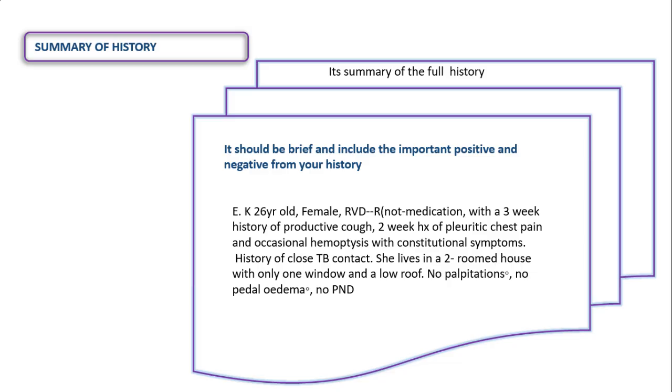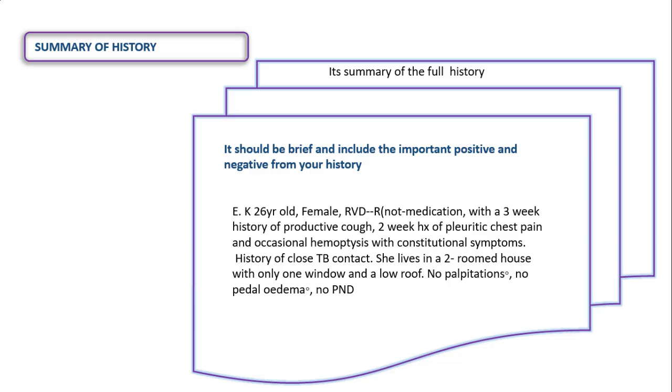Then you continue saying with a 3-week history of productive cough, 2-week history of pleuritic chest pain, occasional hemoptysis, with constitutional symptoms, this fever, night sweats, is what they're talking about here. Then with a history of close TB contact.